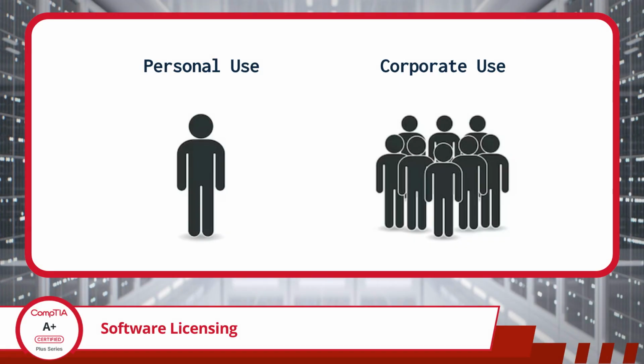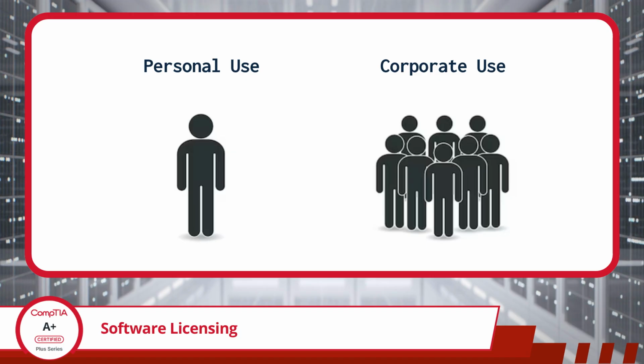Another important licensing distinction involves personal use licenses versus corporate use licenses. A personal use license is designed for individual, non-commercial use. For example, someone may use software at home for personal projects, gaming, or learning new skills. However, using software licensed for personal use inside a business environment may violate the terms of the agreement.